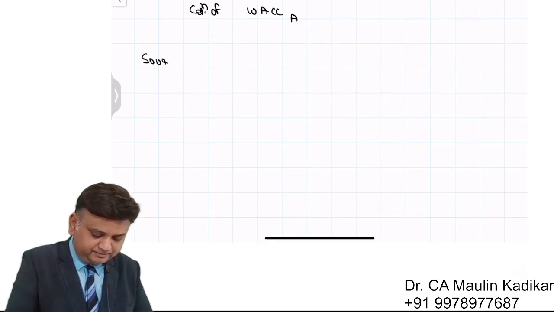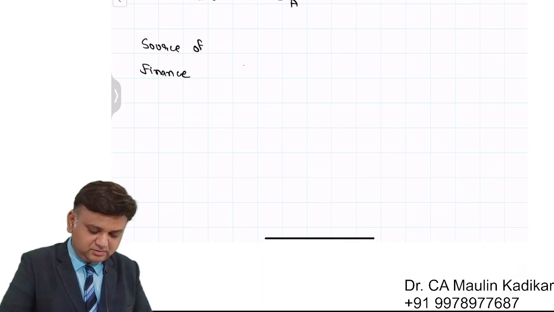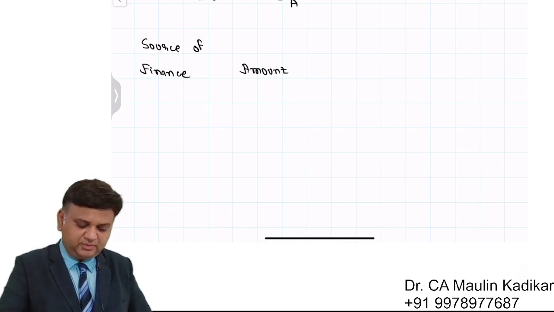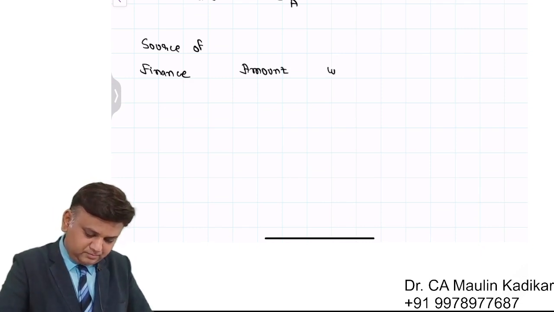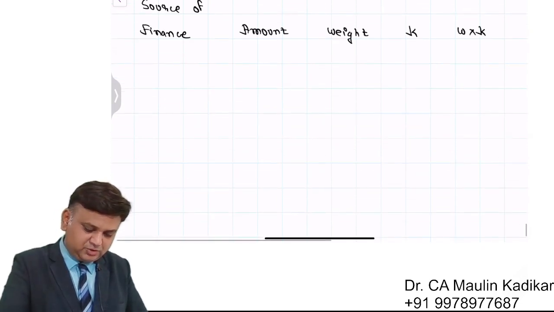Column number 1, source of finance. Column number 2 is amount. Third column is weight. Fourth column is cost. Then weight into cost.